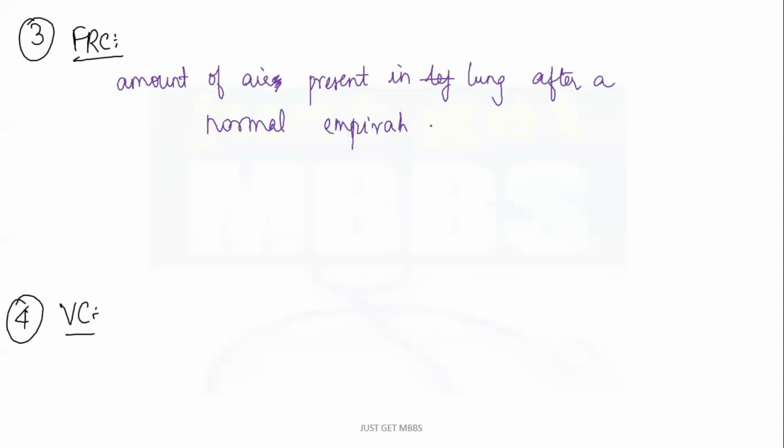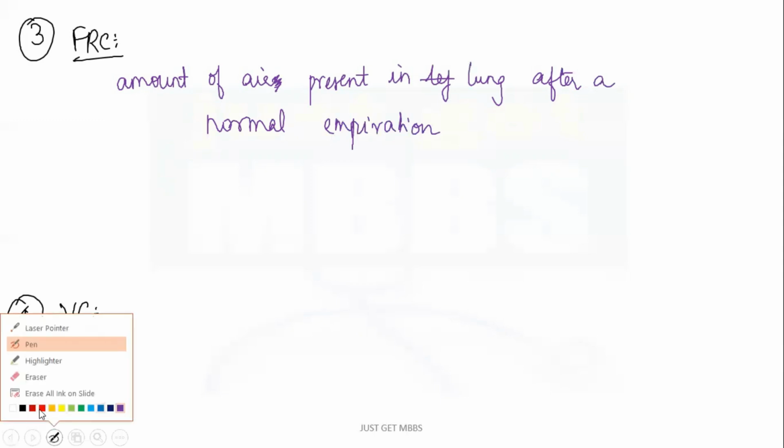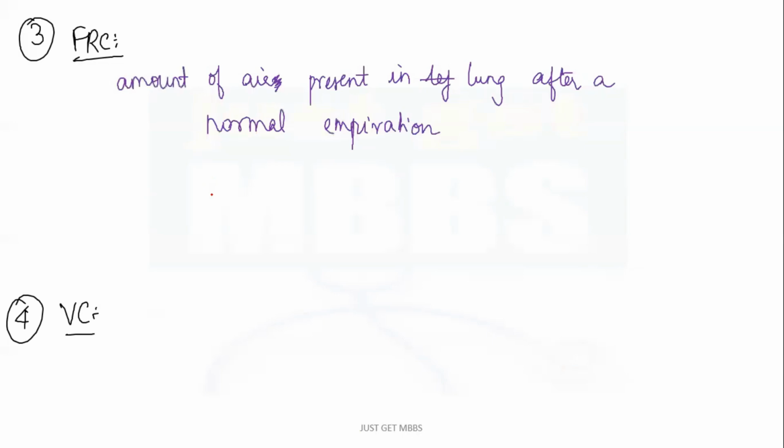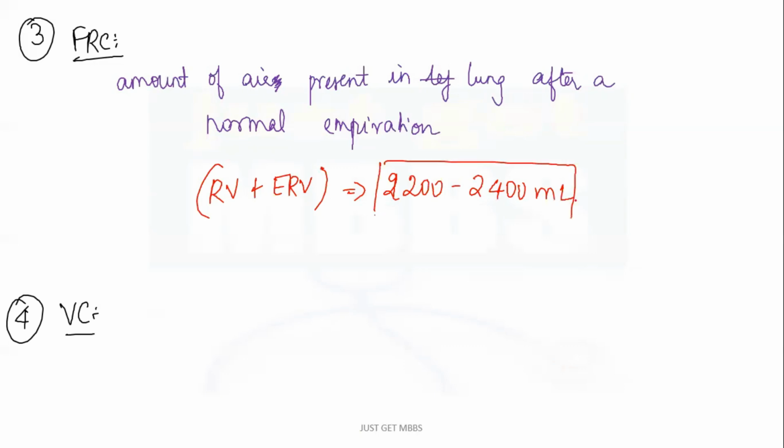So the formula is residual volume plus ERV, RV plus ERV. The value will be somewhere around 2200 ml to 2400 ml, so approximately in early 2000s. So late 1000s expiratory capacity, early 3000s inspiratory capacity, early 2000s functional residual capacity.